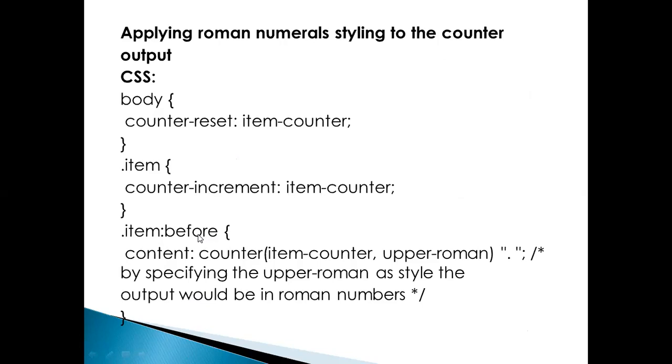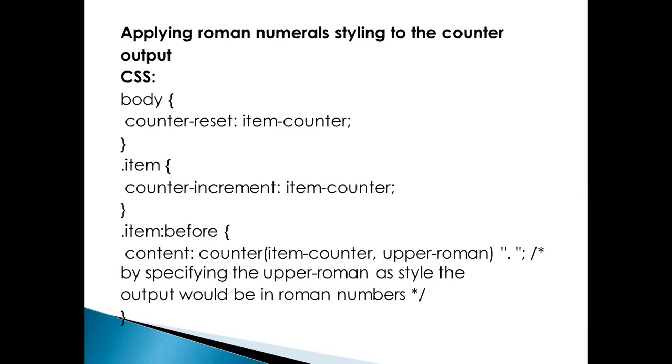This is the initial. For the next item, I have done counter increment, and then I'm making the item counter on. After that I'm specifying the upper Roman style, so the output prints in Roman numerals, which is like alphabet 1 2 3 printed in Roman numerals.